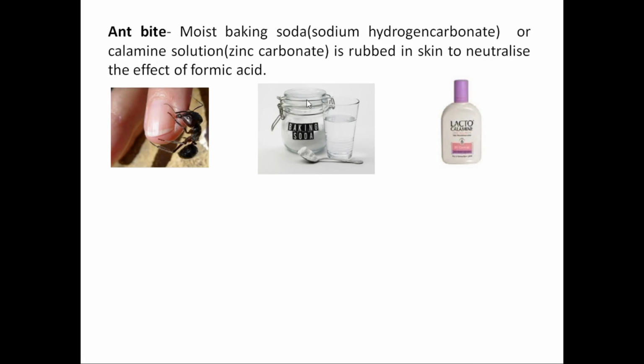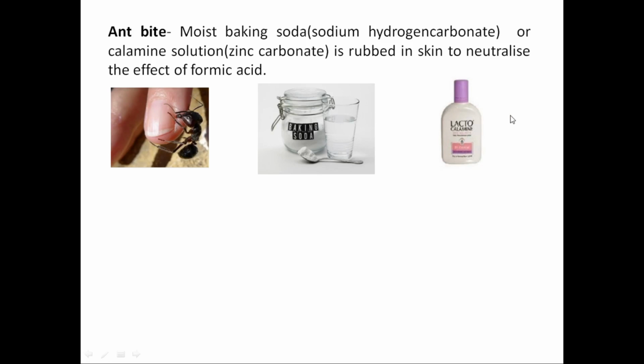What does moist baking soda mean? You add water to the baking soda and rub it on your skin, or you can rub calamine solution on your skin. Why do you feel relaxed after applying this?